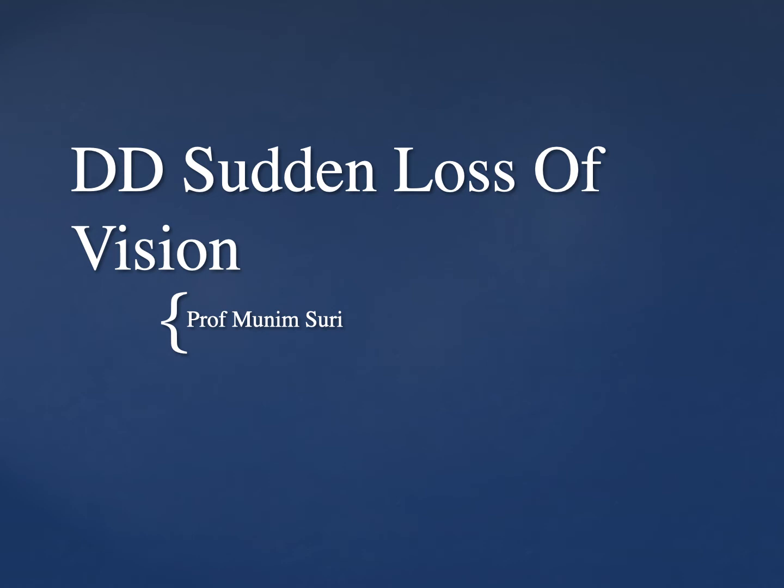In wet age-related macular degeneration, typically the patient is of advanced age and presents with sudden loss of vision and distortion of vision. Initially there is distortion, and then there is a central scotoma. In a retinal detachment, if the patient is young, he may give a history of trauma, or he may be a high myope.